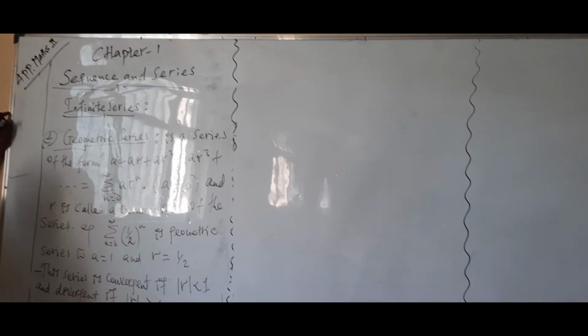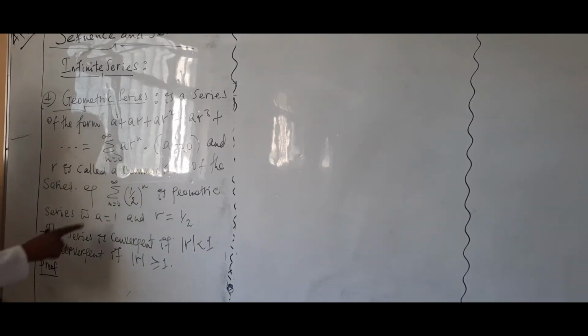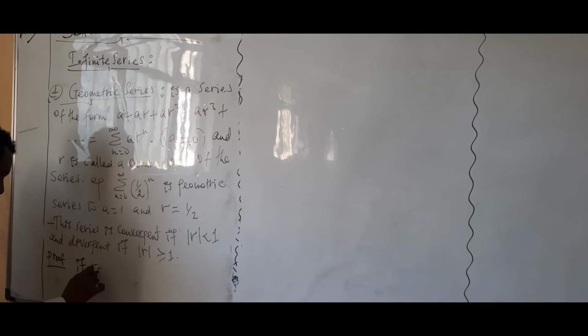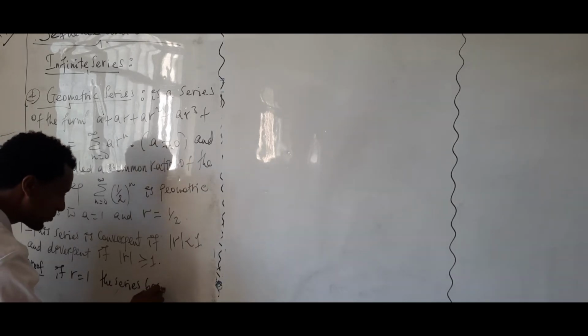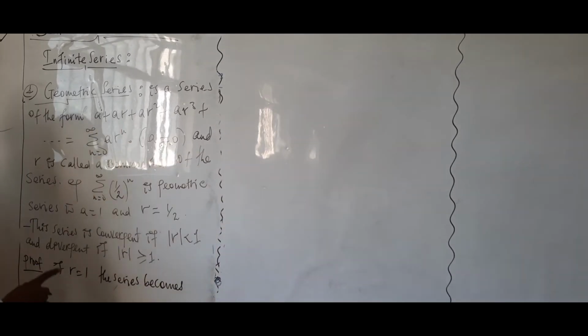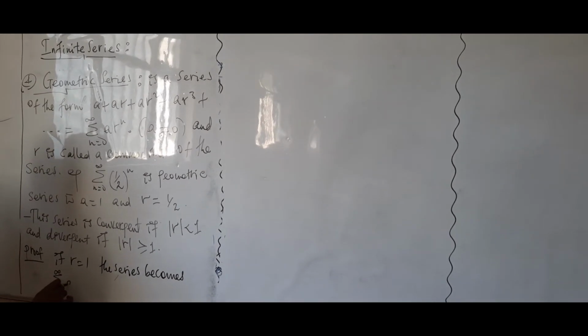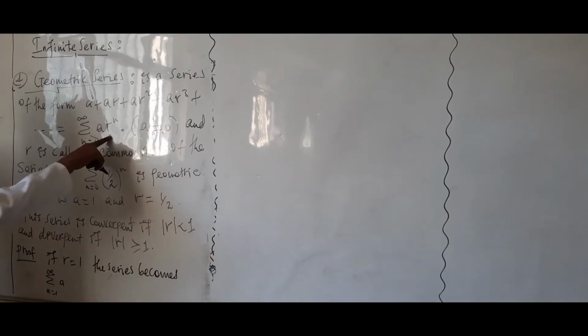Let me prove the convergence of the geometric series. We will prove this one by cases. Case 1: if r is equal to 1, the series becomes the sum of a times 1 to the power of n, that is 1.